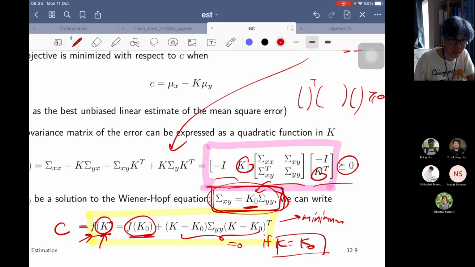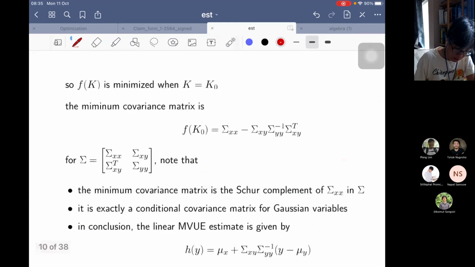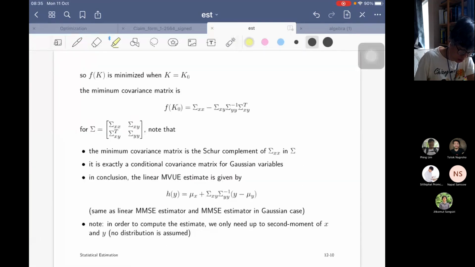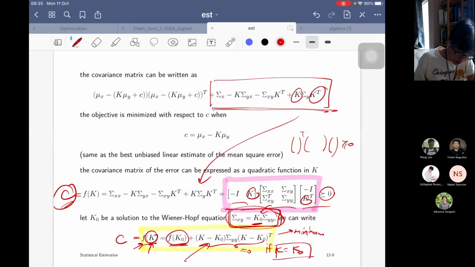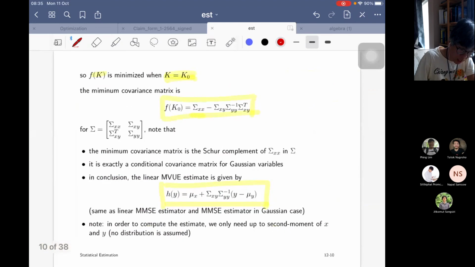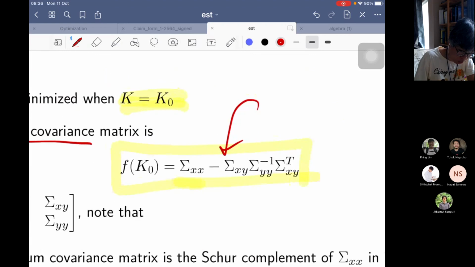And that is the same as the linear MMSE estimator. It's nothing different, right? That turns out to be an important conclusion. When you pick K to be K0 and plug it in, and arrange the terms, you will see that the minimum covariance matrix is yet again this form.